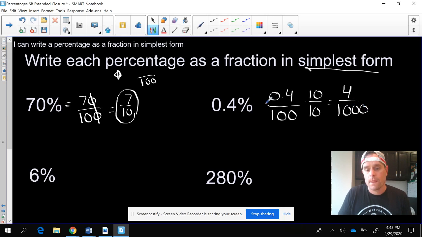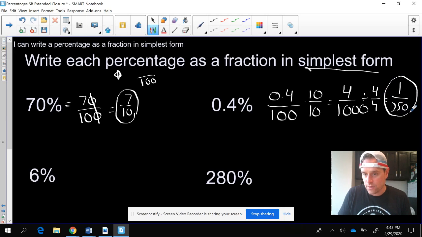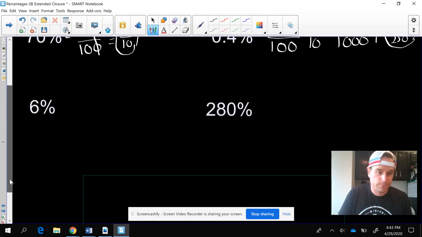So again, we don't want to write it like this. We want to write it where it has whole numbers on the top and bottom, so we have to multiply that by 10. This is not in simplest form. We'd have to divide both of these by 4. So that's really 1 out of 250. What does that mean to you? That 0.4%, if you had to win the lottery, it's 1 out of every 250 people. That's actually not bad, especially if there's a lot of money involved.